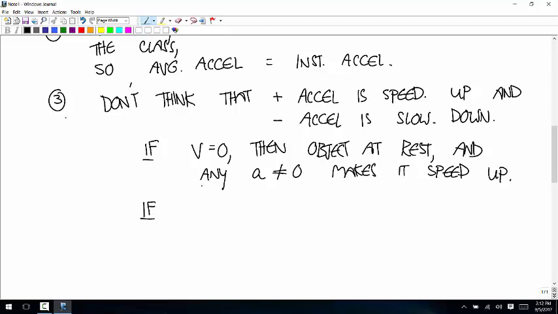Now, if the velocity and acceleration have the same sign, then the object is speeding up.